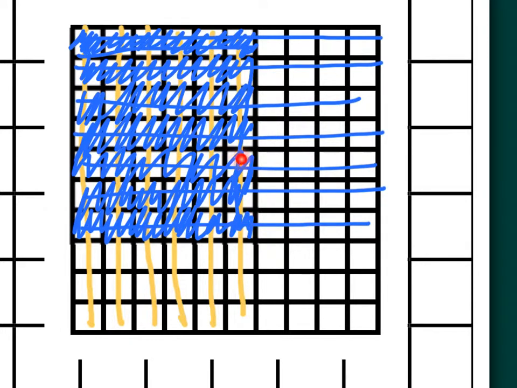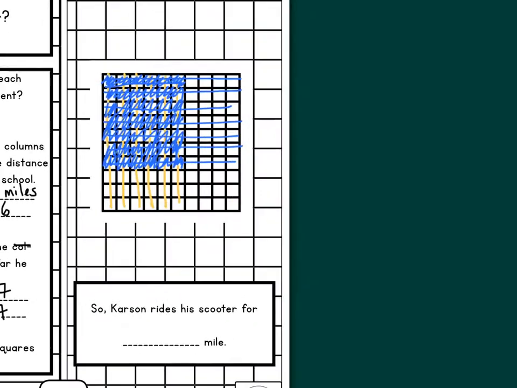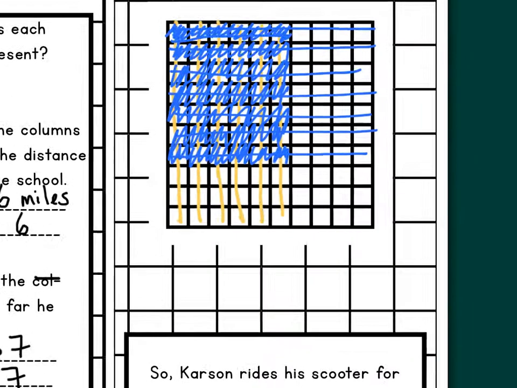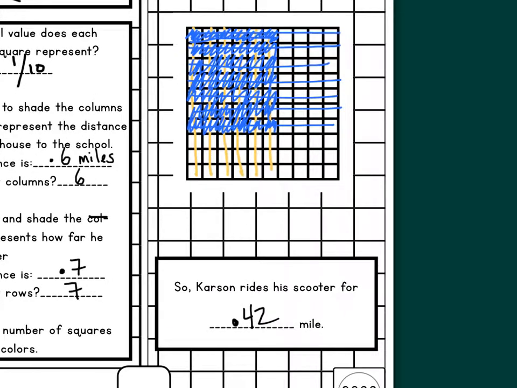And so I have 7 times 6, which is my array, which is 42. And so he rides his scooter 42 hundredths, because this is my hundredths chart again. If you remember our hundredths chart from the other lesson, we just count the boxes that are colored in, and there's 42 of the hundredth boxes.